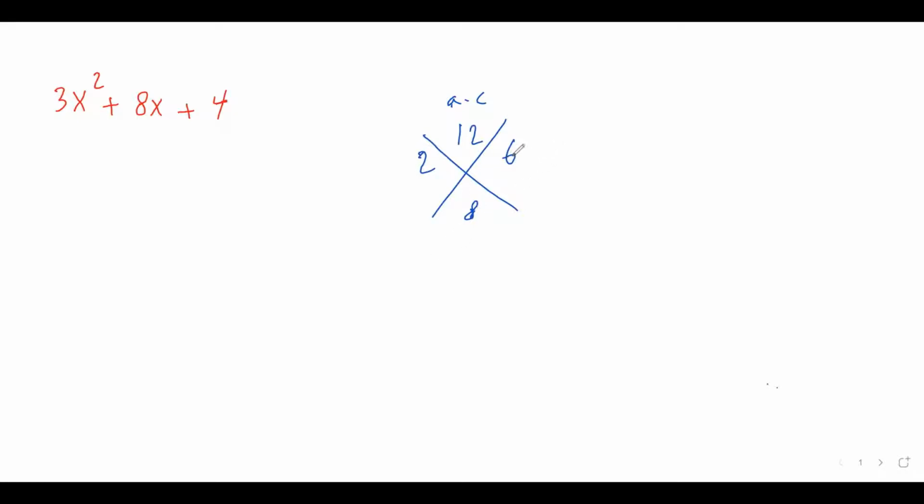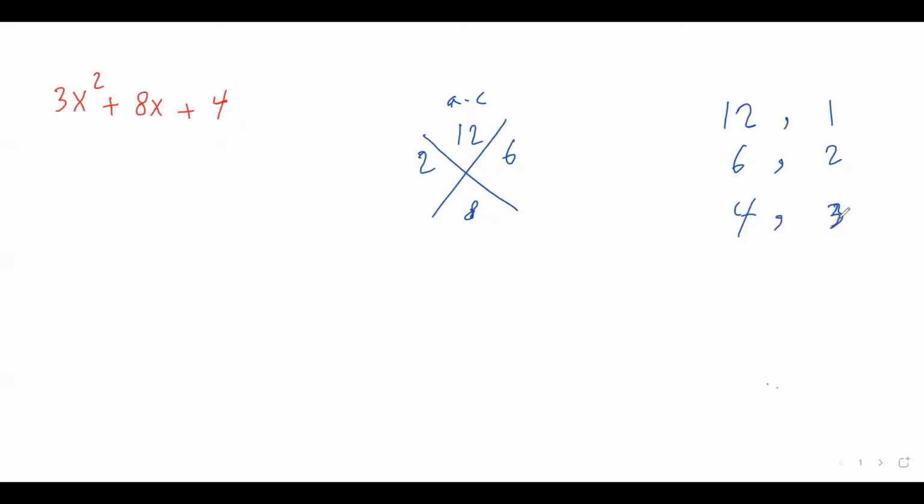If you're not able to figure out the numbers, let's say you have big numbers or weird numbers which are not easy to find, what you can do is write down the factors of the number. So for example, in this case it's 12. I know the factors of 12 are 12 and 1, 6 and 2, and also 4 and 3.